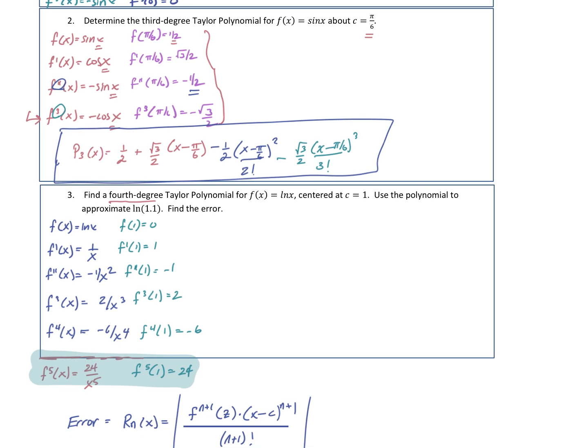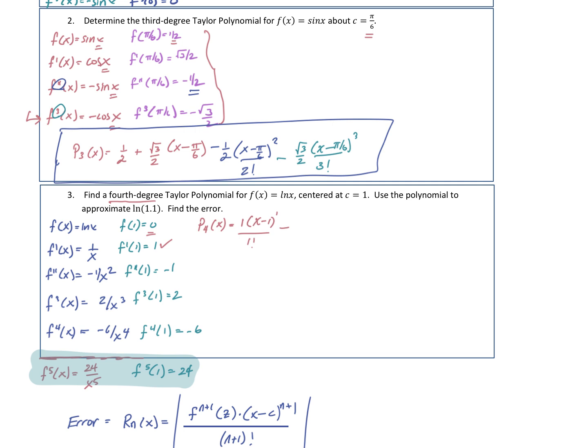So they want the 4th degree, so P4 of x. This is 0, so it's a 0 coefficient to start. So we actually start with this one. So it's 1, x minus 1, centered at 1, to the first over 1 factorial.